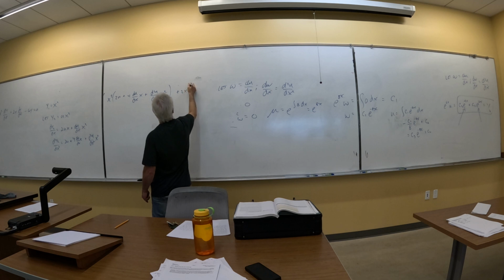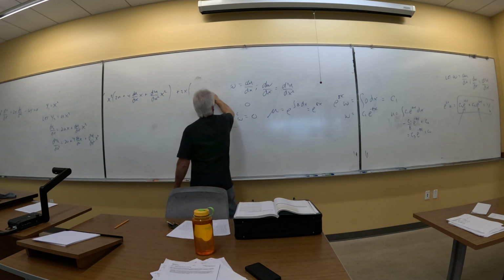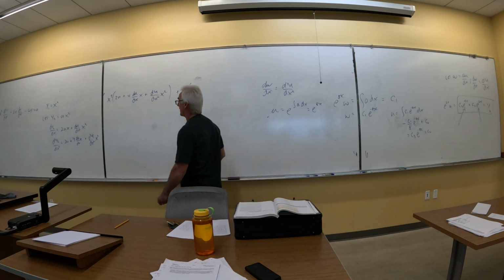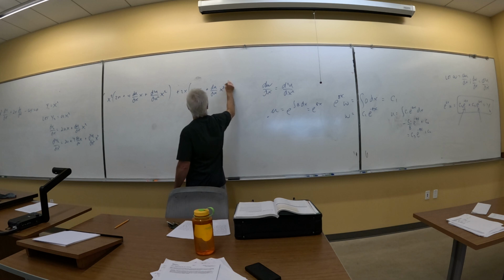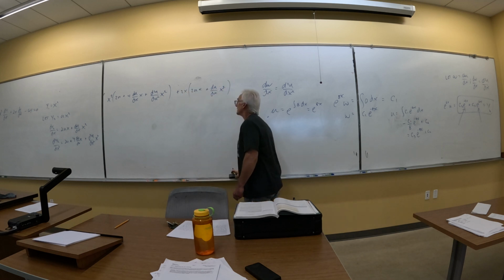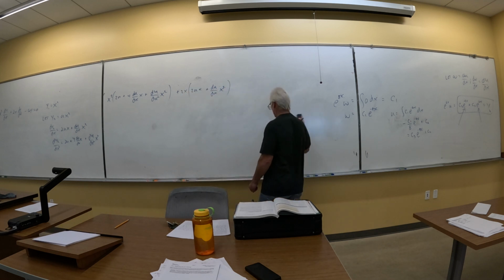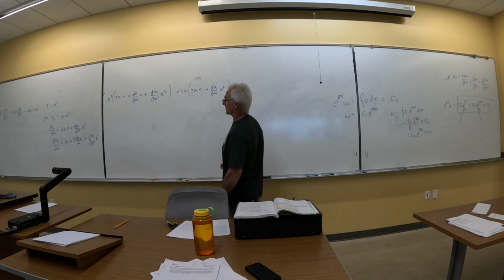Okay, then 2x times, and this one's kind of a long way, I haven't distributed yet. 2ux plus du dx x squared. And then finally, minus 6ux squared.